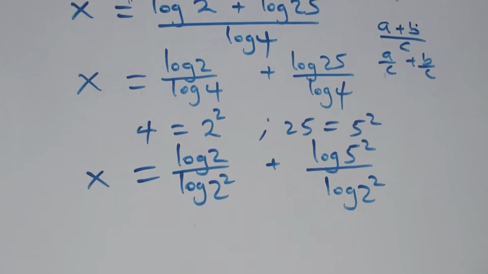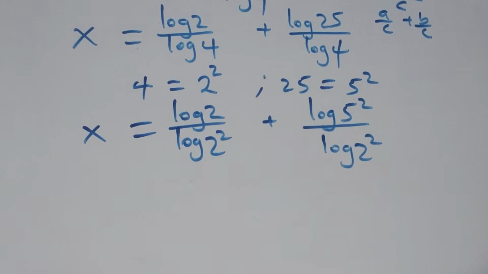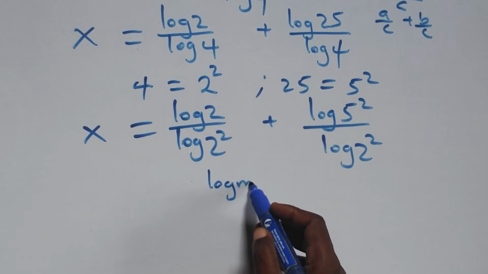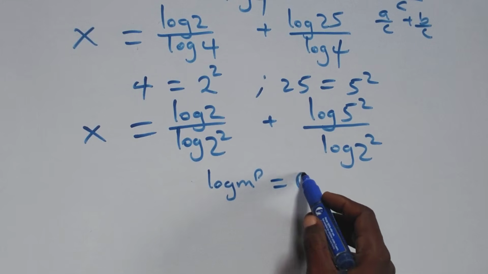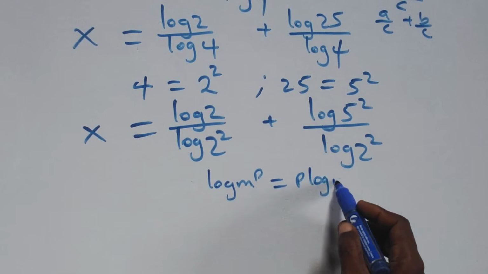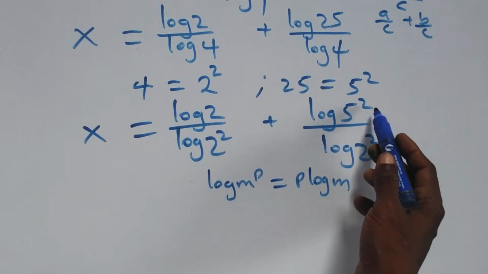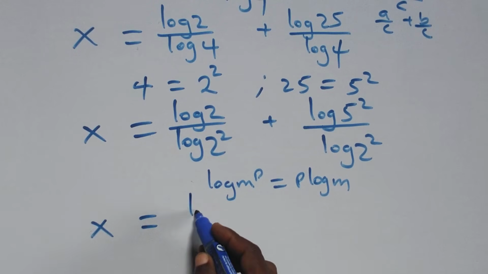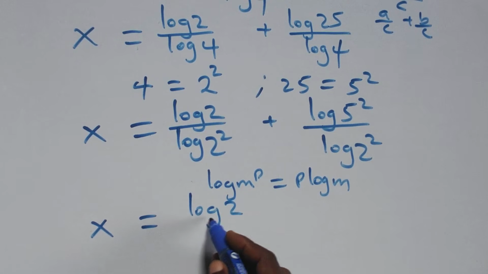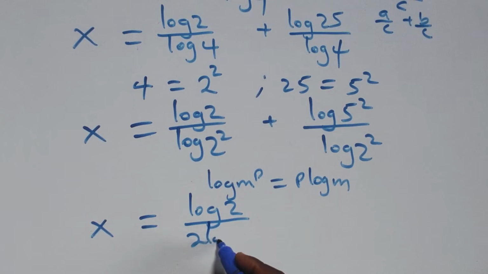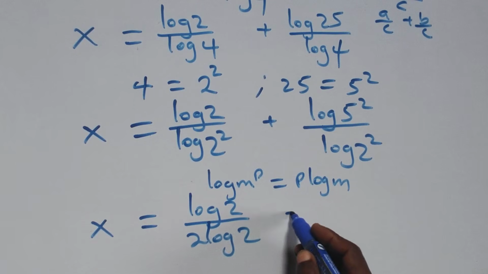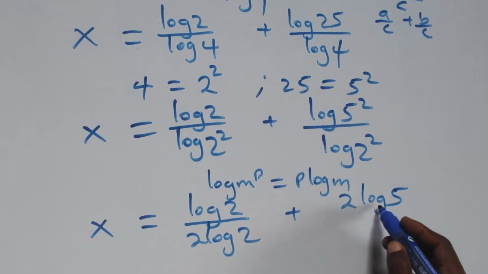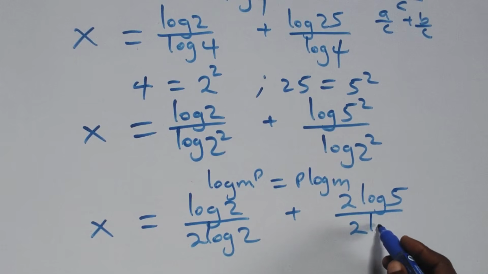So when we apply the power law of logarithm also, that is from log m raised to power p, which is p log m. We have 2 comes there, 5 comes there, and 2 comes there, and we have x equals log 2 over 2 log 2 plus 2 log 5 over 2 log 2.